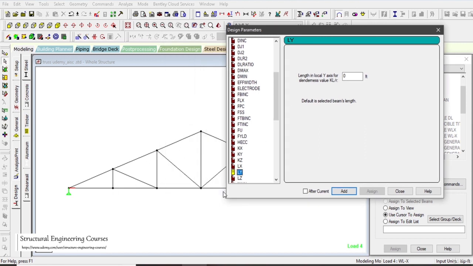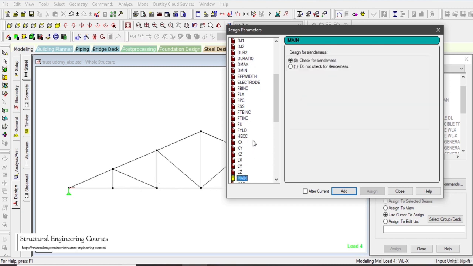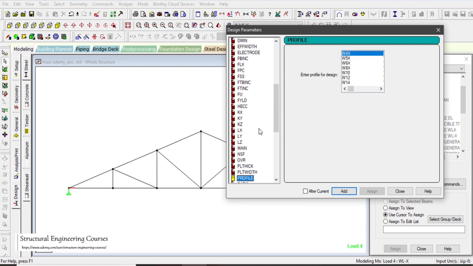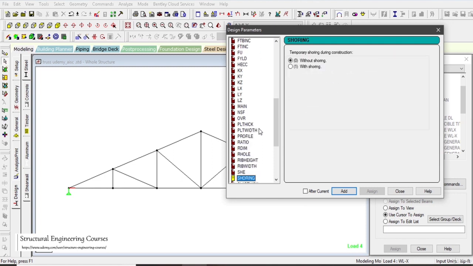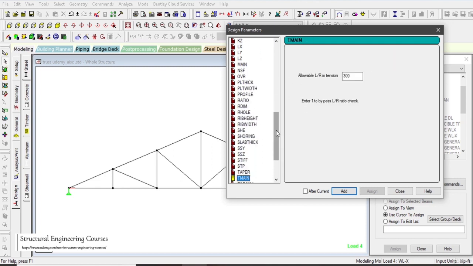So wherever there are members here, we shall break the member along the minor direction also. So that is why we don't really need to provide LY. This is a rolled section type.